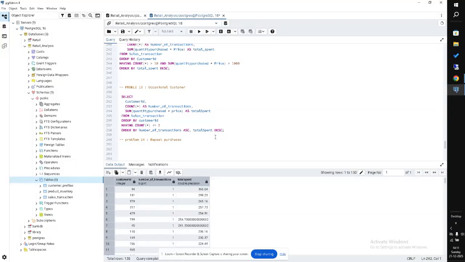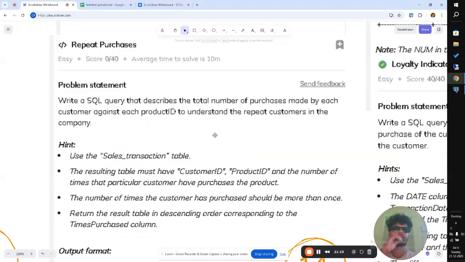Let's see what they want. Write a SQL query that describes the total number of purchases made by each customer against each product ID, to understand the repeat customers in the company.